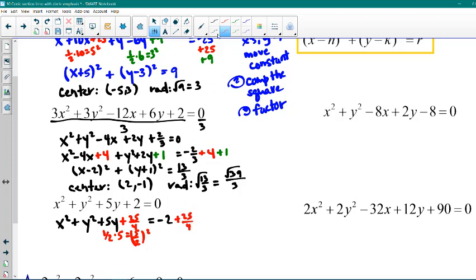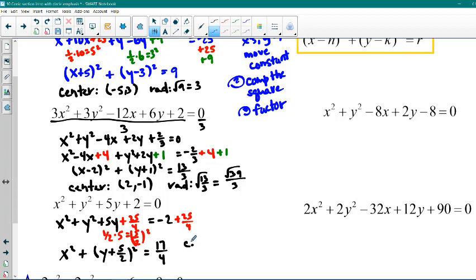Okay. We will factor. Now we don't need to factor the x's because it's just the x squared term. We do have the y's to factor. It is y plus the square root of 25 fourths, which is 5 halves, quantity squared. And negative 2 plus 25 fourths, that's going to be negative 8 plus 25, which is 17 fourths.